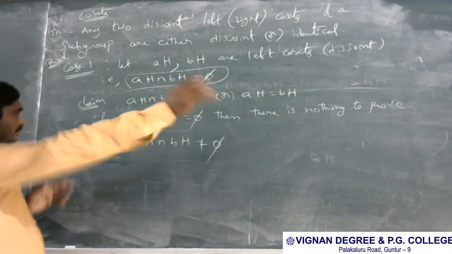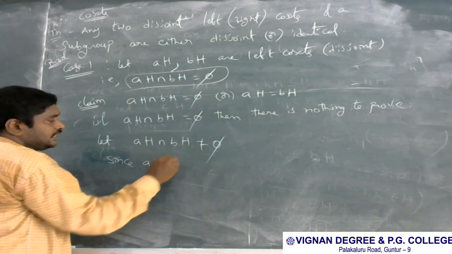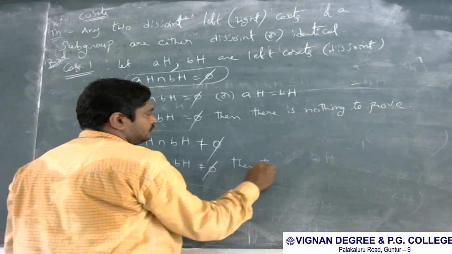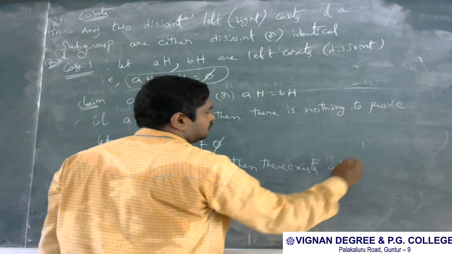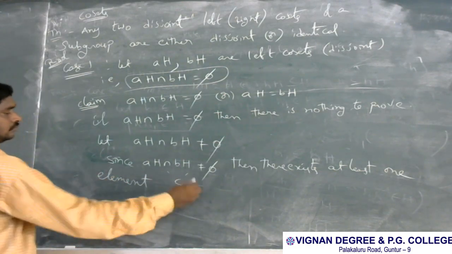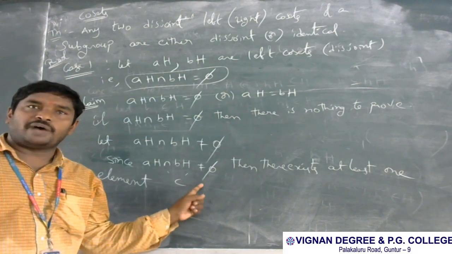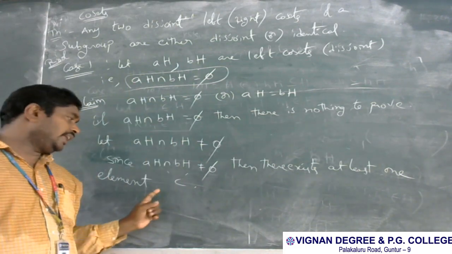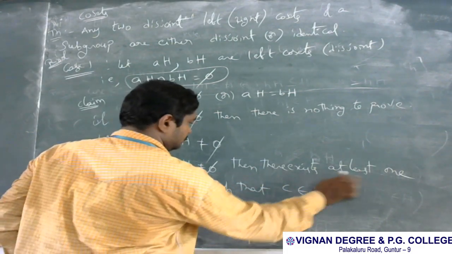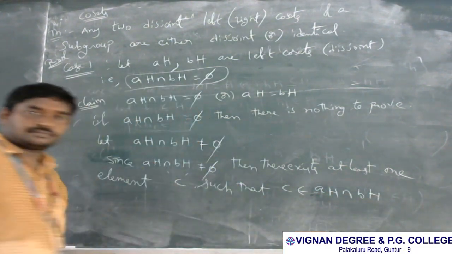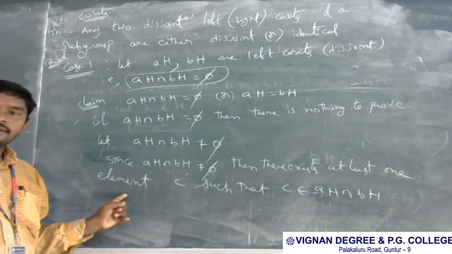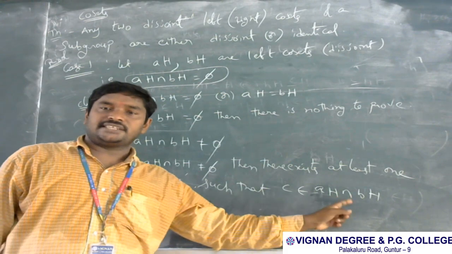So, since AH intersection BH is not equal to phi, there exists at least one element, say small c, such that small c belongs to AH intersection BH.